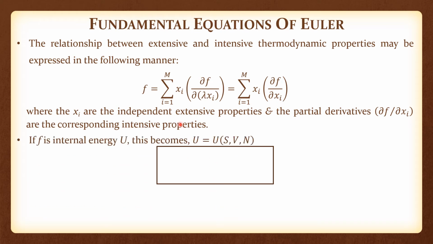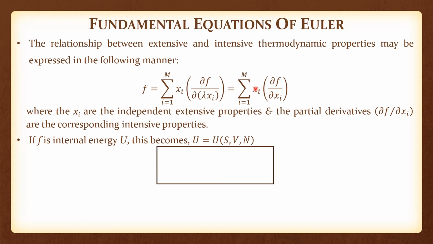If F is the internal energy U, there are three independent variables: X1 could be entropy, X2 being volume, and X3 being number.